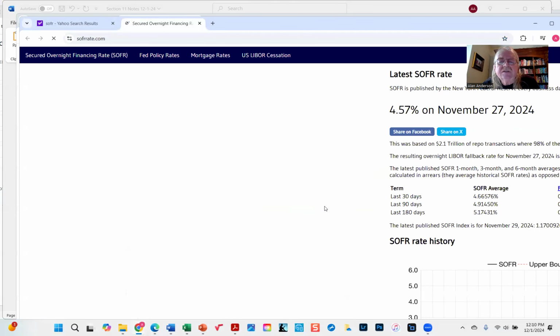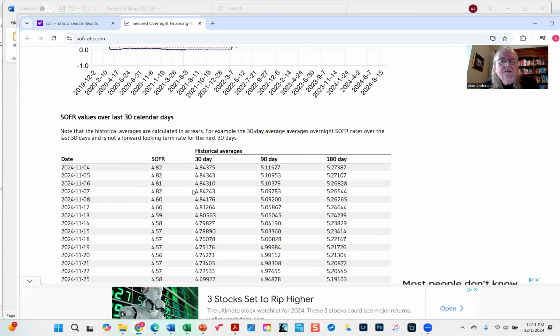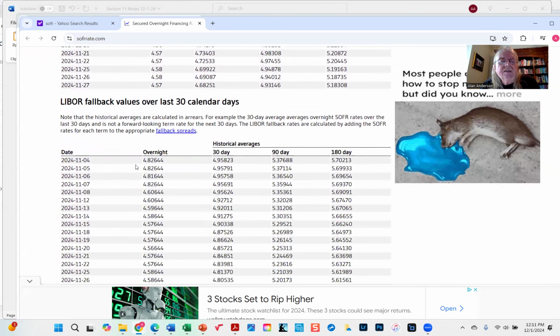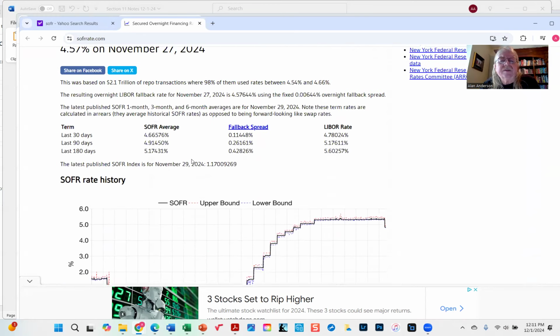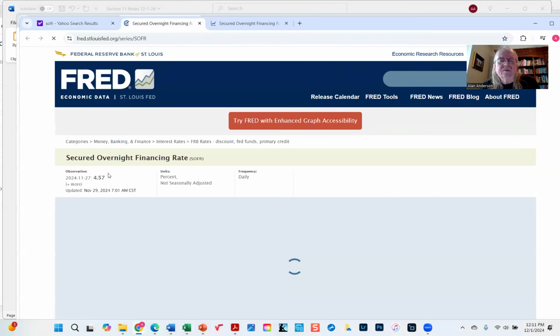It stands for Secured Overnight Financing Rate. And you can see these are the numbers that we're looking at right now. Yeah, there's still some LIBOR quotes, but not nearly what it used to be. Here it is. The Federal Reserve has an explanation here.